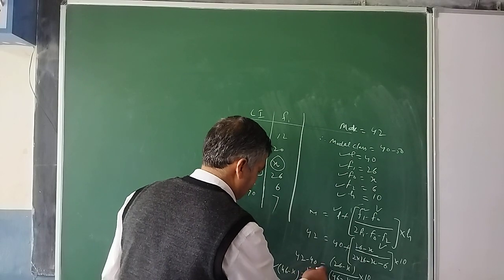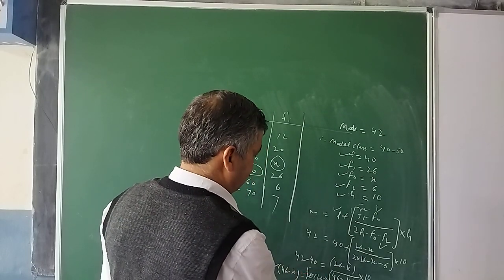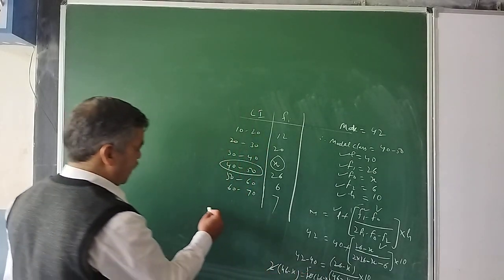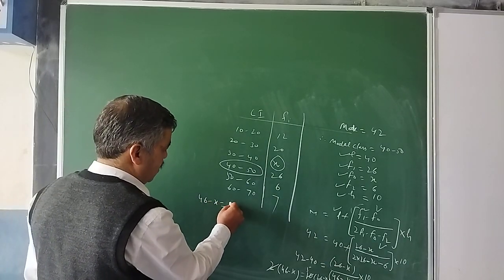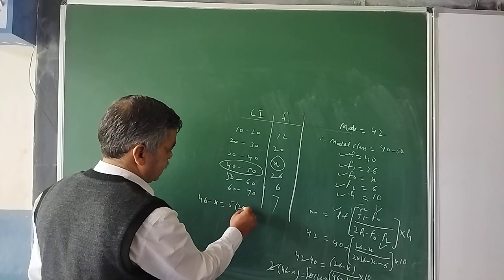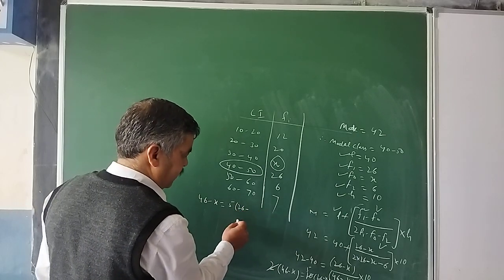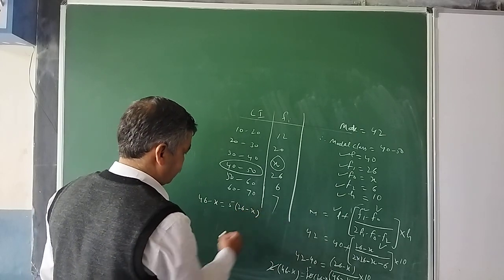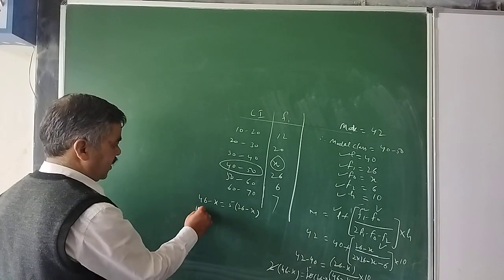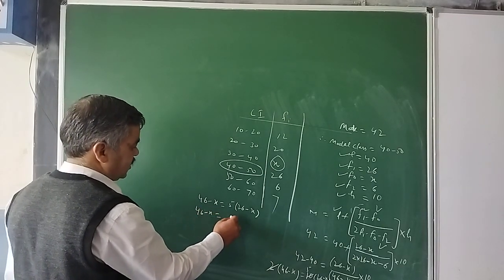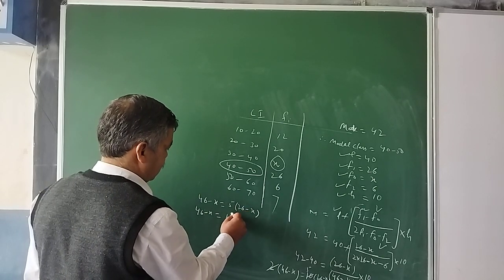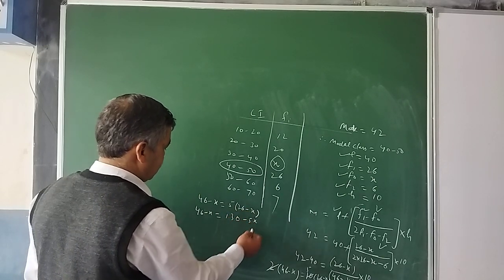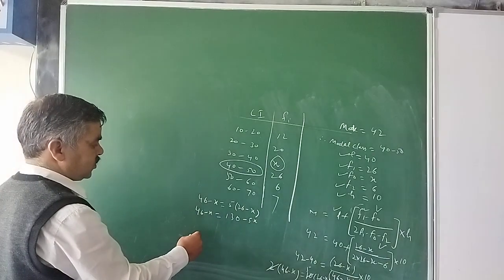You can do this calculation like that. 2 into 5 is 10. So finally I am getting 46 minus X is equal to 5 into 26 minus X. Fine. So 46 minus X is equal to 130 minus 5X. Shift this to this side.